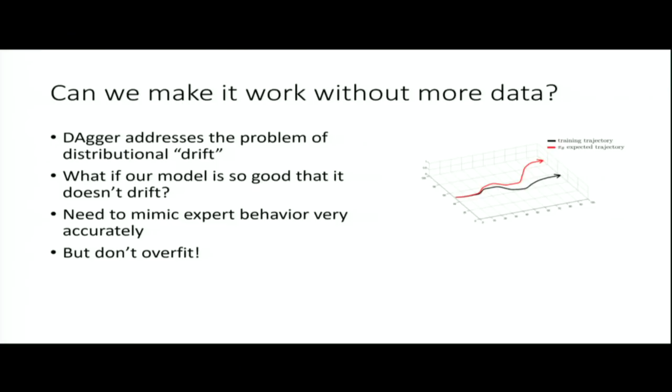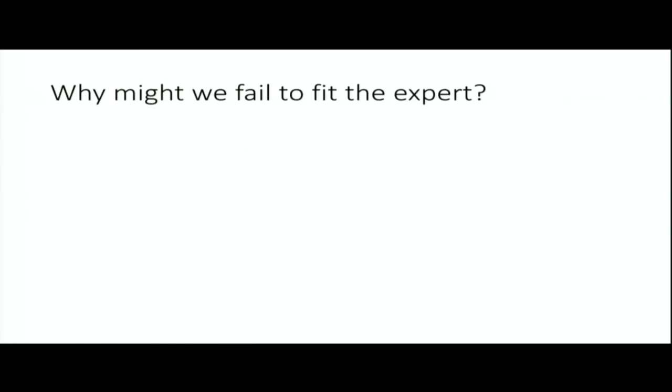You can't completely remove the compounding errors problem, but you can mitigate it to some degree in some situations and get standard naive behavior cloning to work pretty well. By the way, behavior cloning is a term sometimes used to refer to the naive approach of simply taking that big bucket of data and training on it with supervised learning. All right, so let's try to understand why we might sometimes fail to fit the expert.